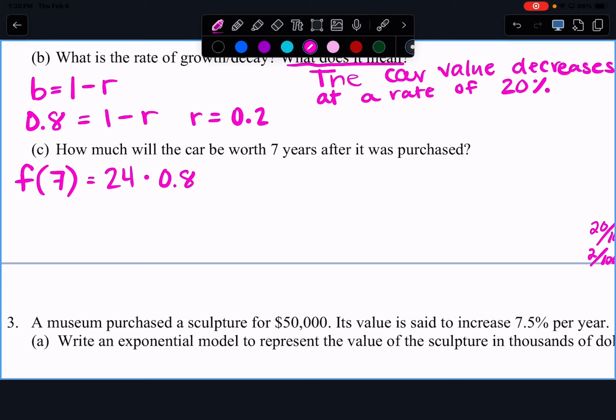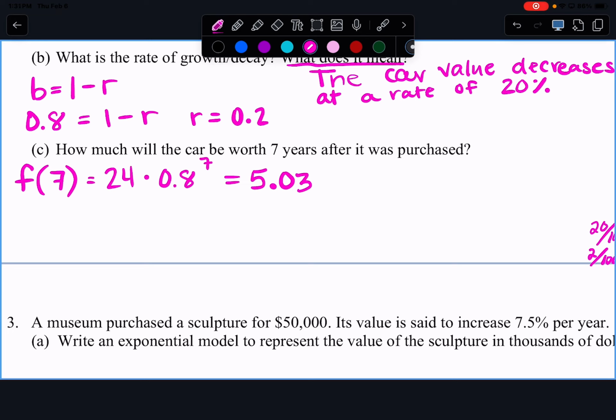I'm evaluating it, so put that in your calculator. I got 5.033168. We'll do 5.03.